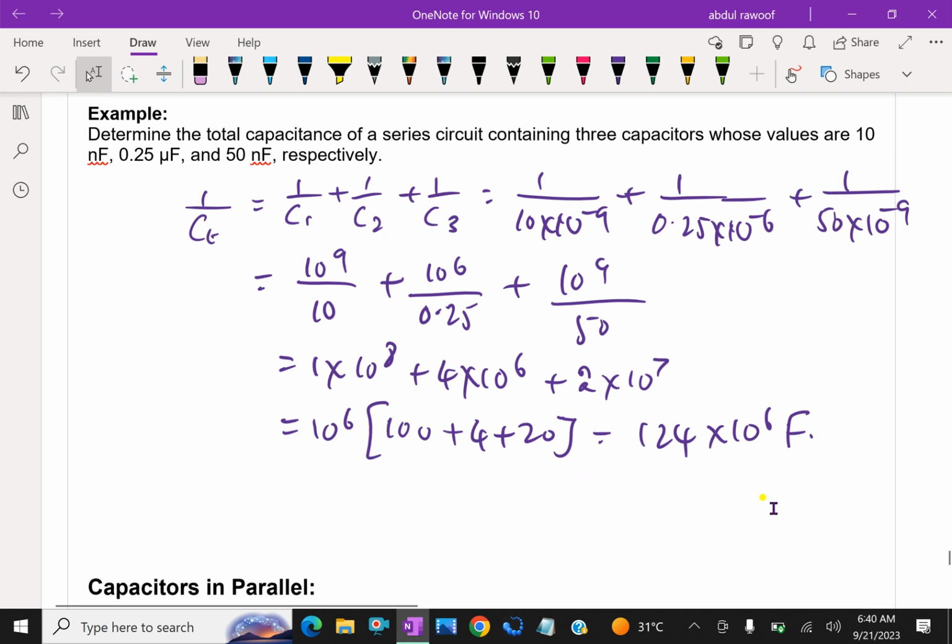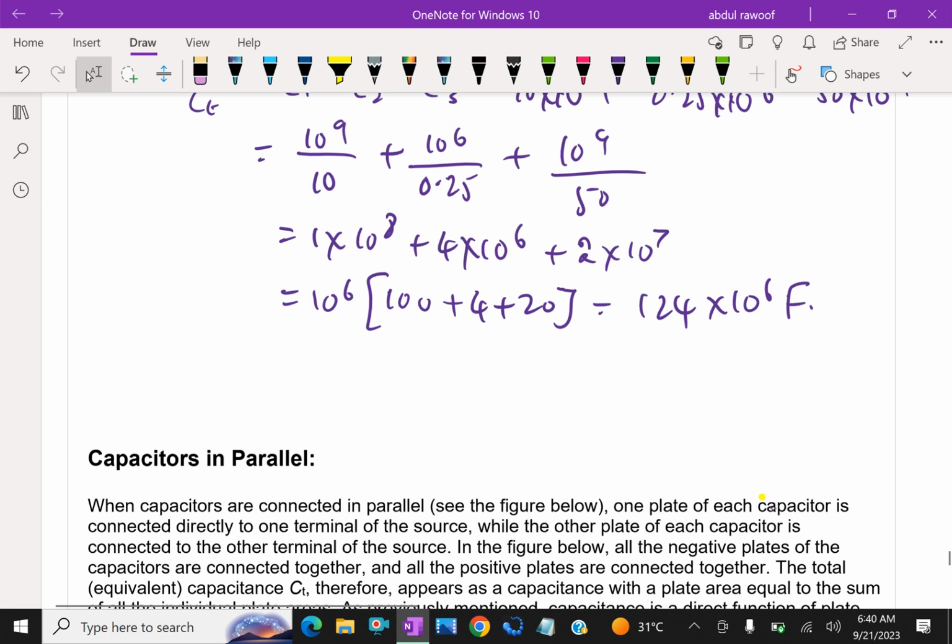Therefore, next, CT equal to 1 over 124 into 10 power minus 6. Now we can calculate these values here.